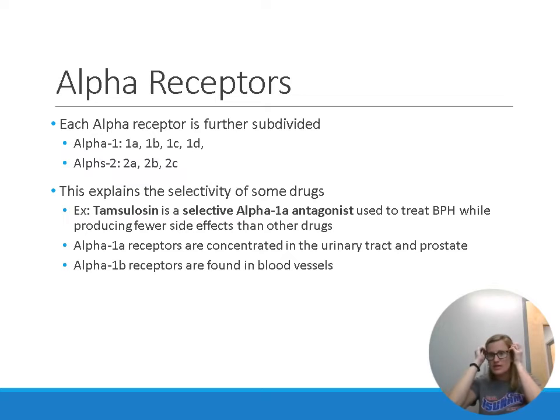Each alpha receptor is further subdivided. For example, alpha-1 has 1A, 1B, 1C, 1D. Alpha-2 has 2A, 2B, and 2C. Most drugs are not this selective. We don't go that specific on most drugs, but every once in a while we'll see a drug that is very selective in its activity.